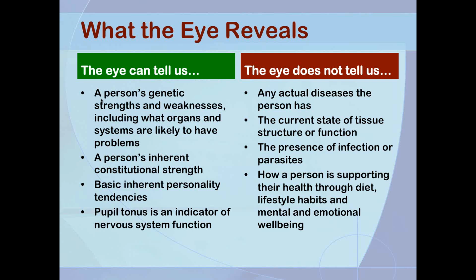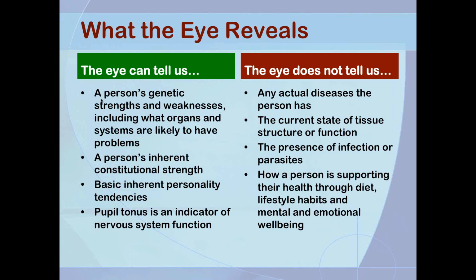So what the eye is telling us is a person's genetic strengths and weaknesses. If I can look in the eye of a 5, 6, or 7-year-old child and I can see that they already have an inherent tendency to cardiovascular problems or diabetes or arthritis or weakness of their respiratory and immune system, et cetera, think of how valuable that is.